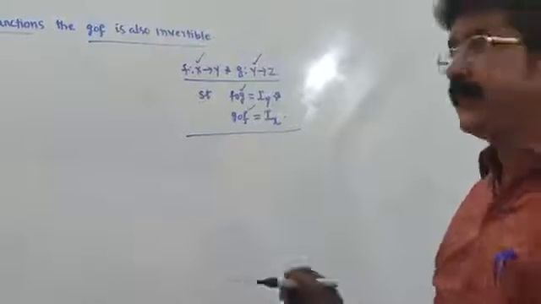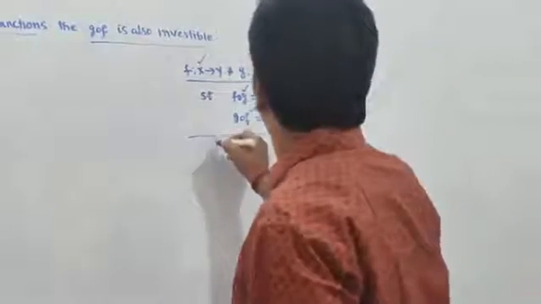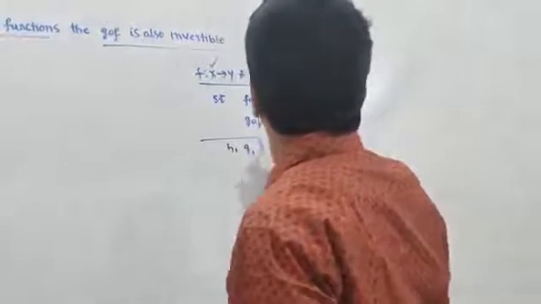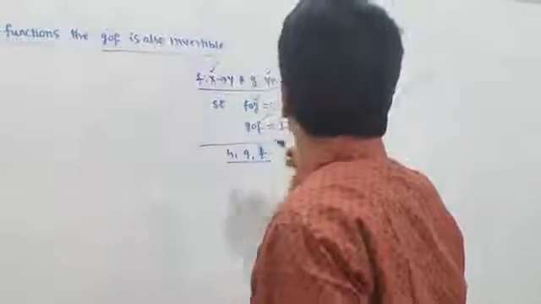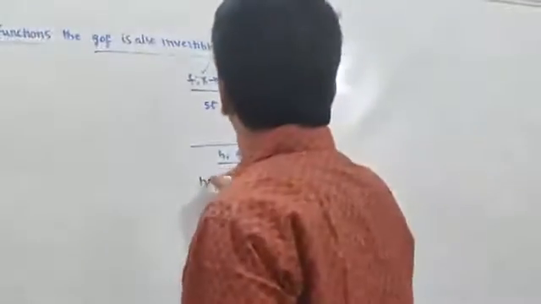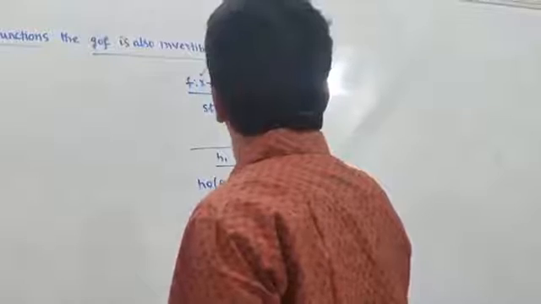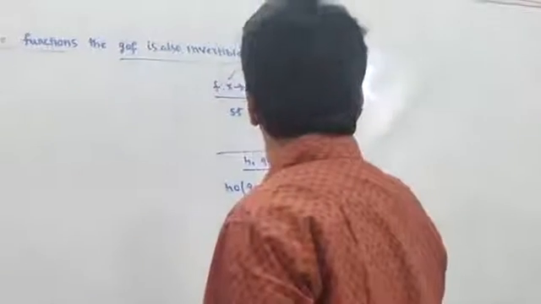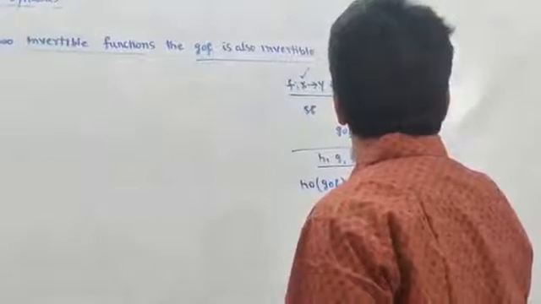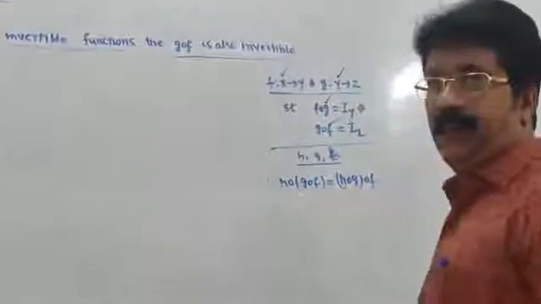Next, another formula is there. h, g, f are any three functions. Then h circle (g circle f) can be written as (h circle g) circle f.